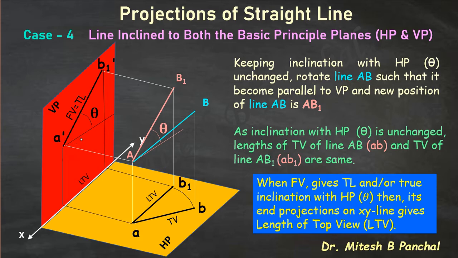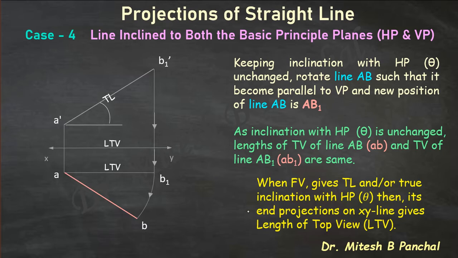So here front view is giving true length, so its end projections on XY, that means projection from A dash and projection from B1 dash, will give you the length of top view, which is the same as AB1 and also the same as AB. So this is the general solution where we have rotated the line AB to AB1 by keeping the inclination with HP unchanged and making the line parallel to VP.